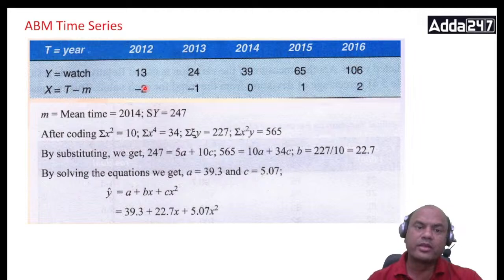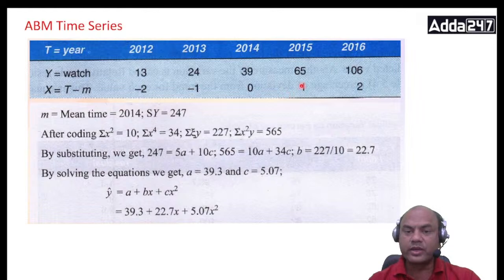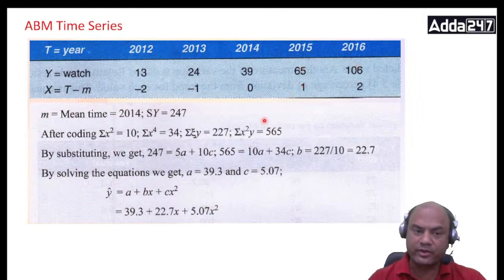Similarly for all these. Minus 2 square into 13, minus 1 square into 24, 1 square into 65, 2 square into 106. So you'll get 565.